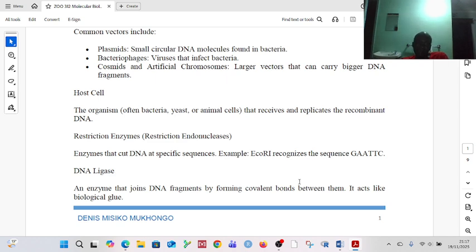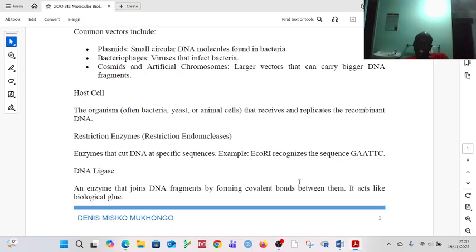The other term is the word host cell. When you are combining different sets of DNA, you want that DNA to end up being received by a particular cell. Once it gets into that cell, it should replicate so that it can express the trait.